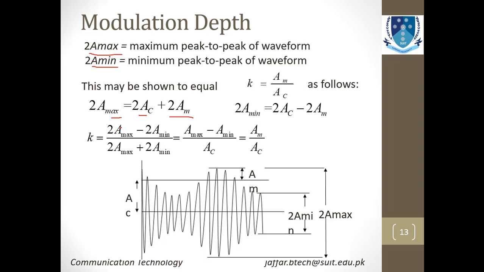So this is the derivation of K, so you will get AM by AC. If you want to derive this equation, you can also do this for yourself. This value of K will be equal to AM by AC.